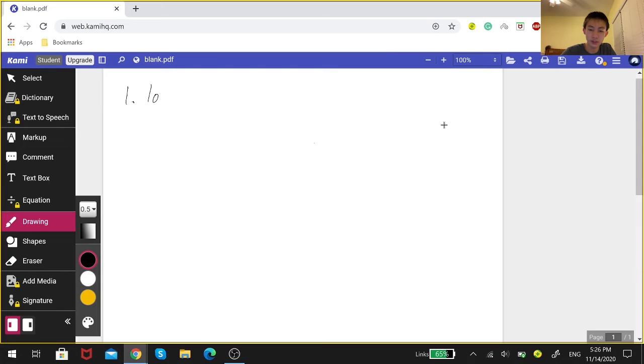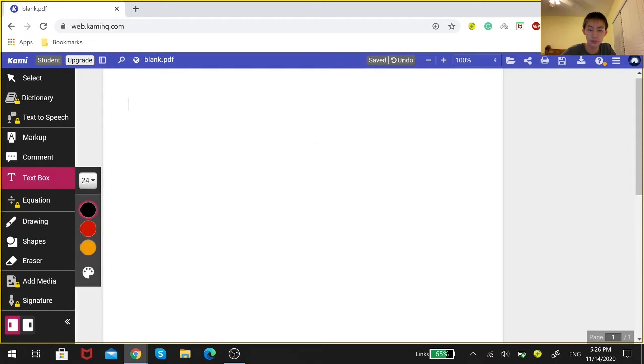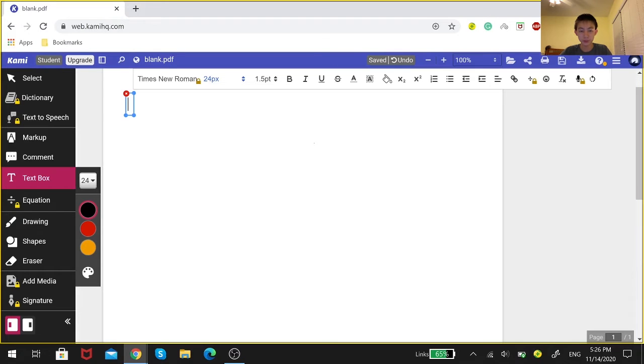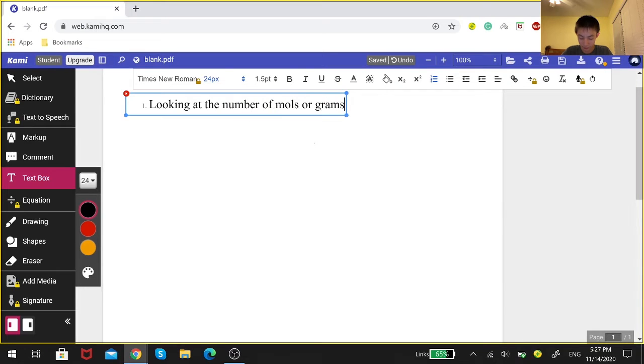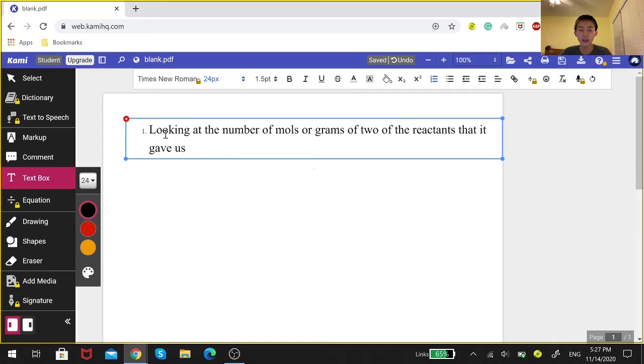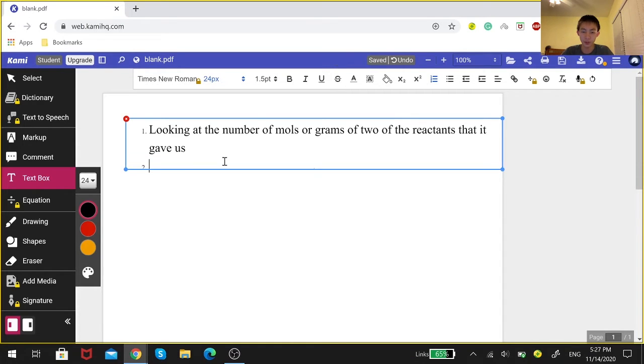Alright, I'll type these out. Step 1, look at the number of moles or grams of two of the reactants that it gave us. It has to give us two reactants in order for us to find the limiting one.